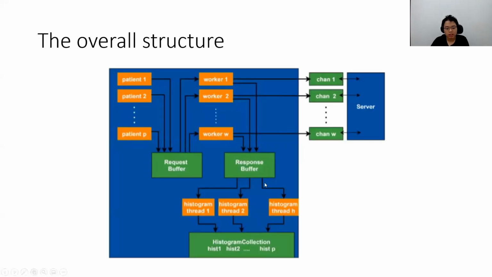This is the overall structure of the program, where you have a bunch of patient threads putting things into the request buffer, and then a bunch of workers popping from it to request patient data from the server, and then they put that data into the response buffer.